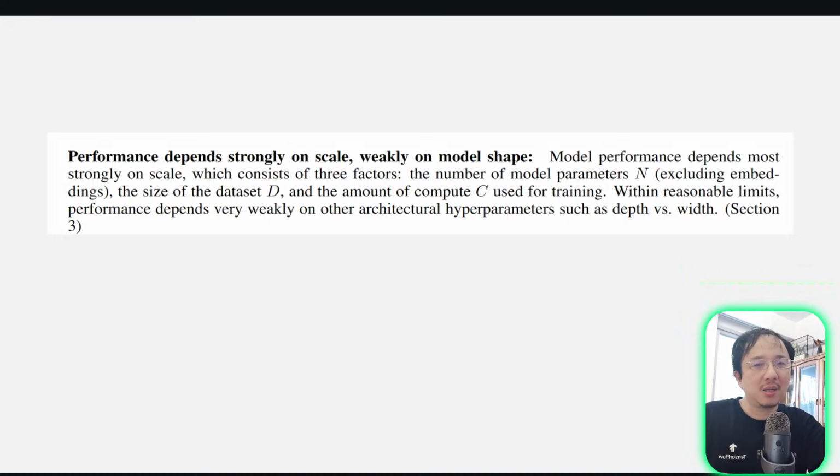Okay, so let's walk through some of the summaries they observed in the paper.